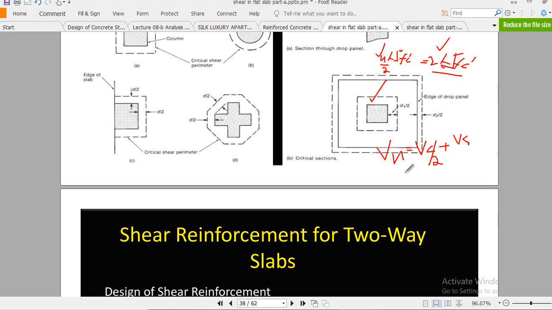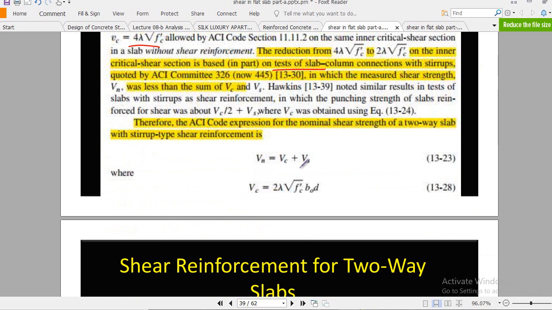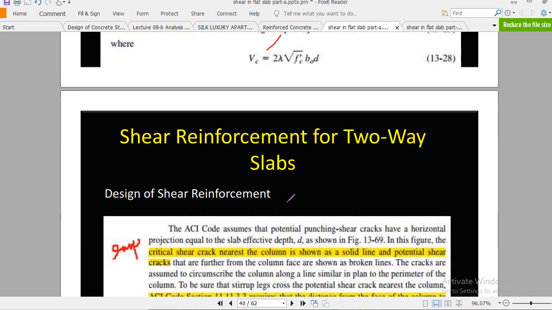Now this will be your final concrete strength, and you have to compare that value with Vu. This is very, very important. Vc should be taken as this value, not 4 lambda. Although in punching shear we consider 4 lambda, remember 2 lambda is used when shear reinforcement is used. Without shear reinforcement, we don't consider 2 lambda, we consider 4 lambda.